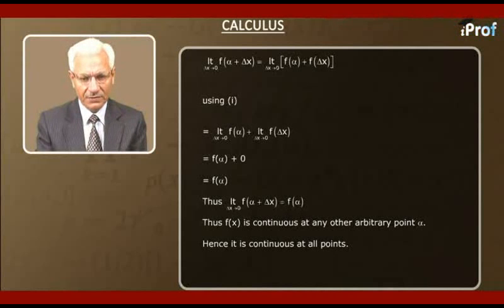Thus, f(x) is continuous at any arbitrary point alpha. Hence, it is continuous at all points. Option C is correct.